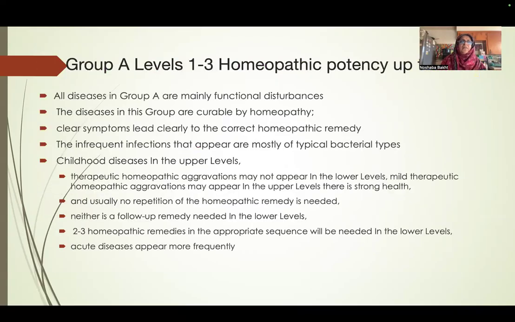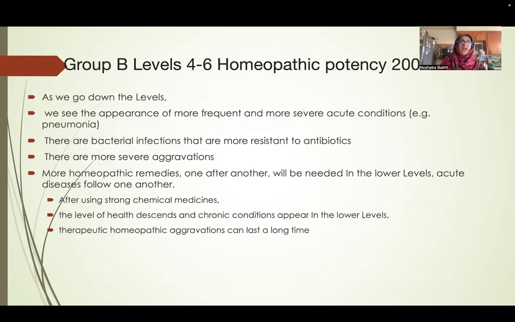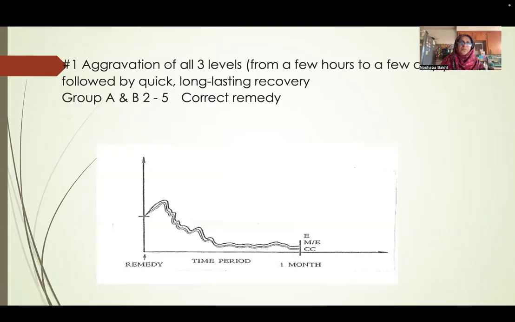The first group, group A, where the levels are 1 through 3, these people are in a very good state of health and rarely get sick, and they have mainly functional problems, not psychological or emotional ones. They do not need a lot of homeopathic repetitions. I will not go over all these groups because that's too much to handle.